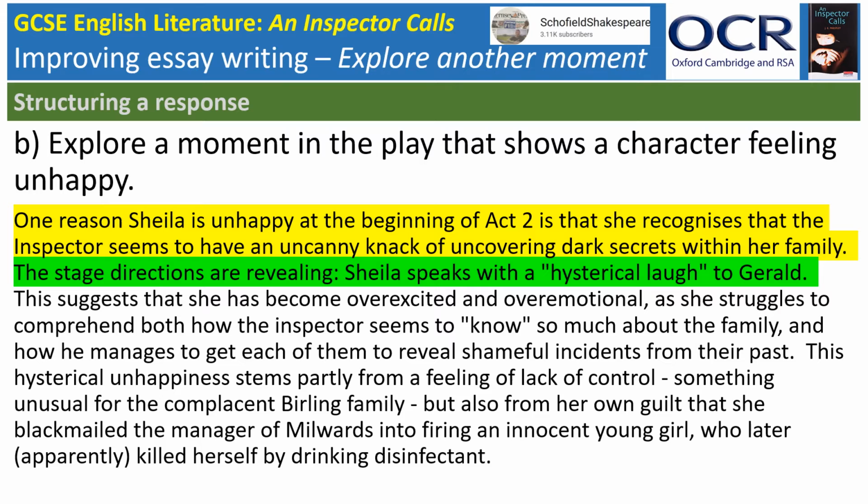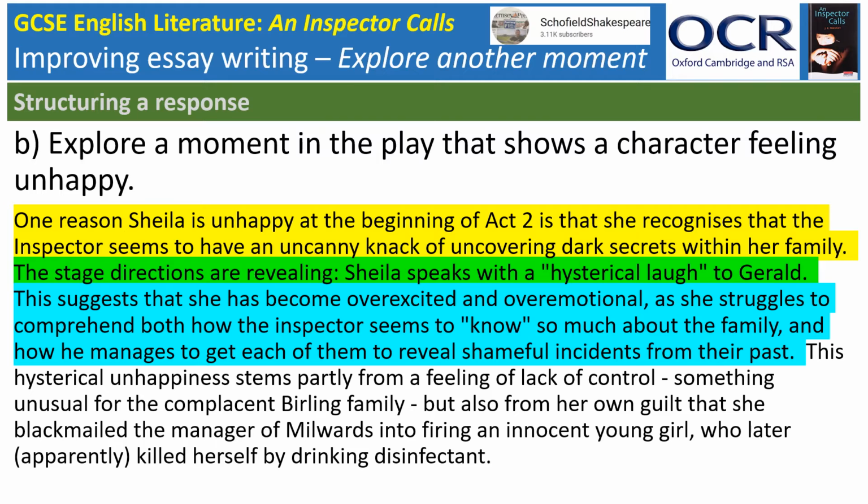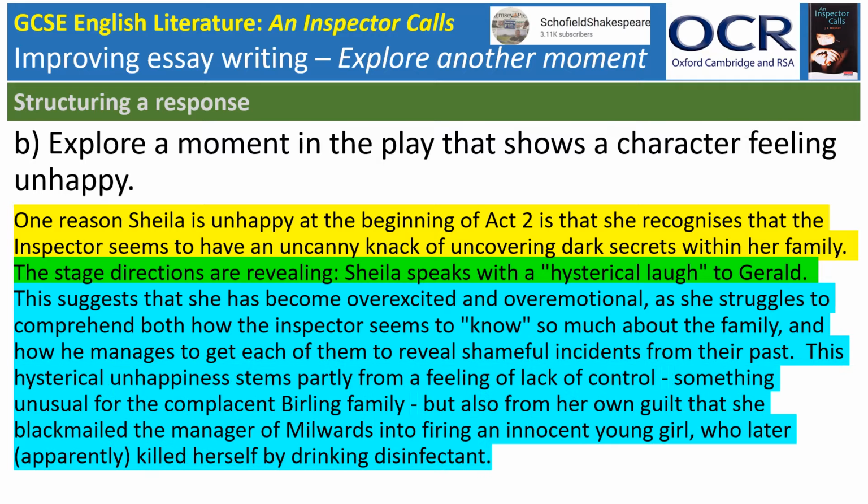The stage directions are revealing. Sheila speaks with a "hysterical laugh" to Gerald. This suggests that she has become overexcited and over-emotional as she struggles to comprehend both how the inspector seems to know so much about the family and how he manages to get each of them to reveal shameful incidents from their past.